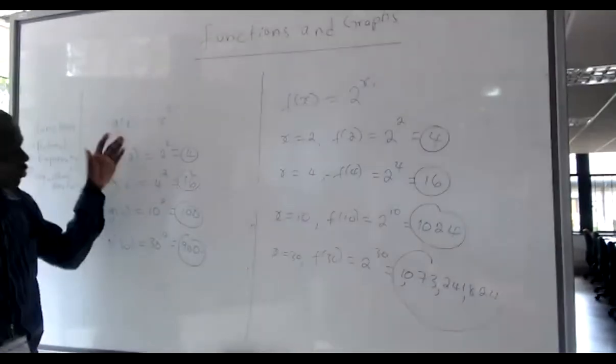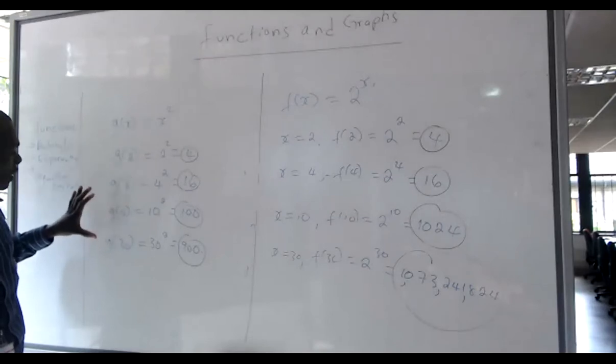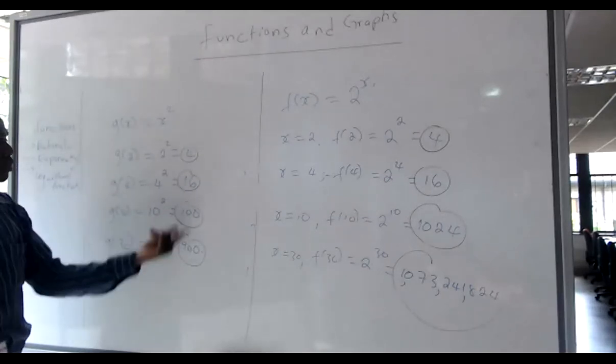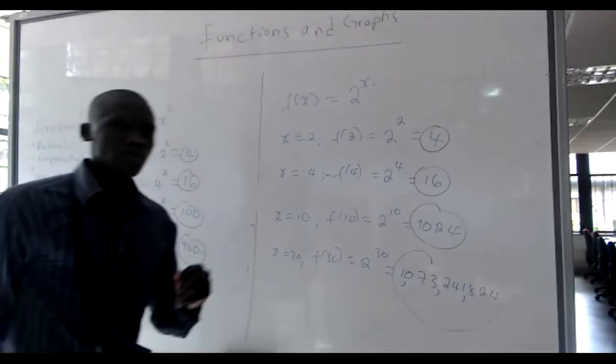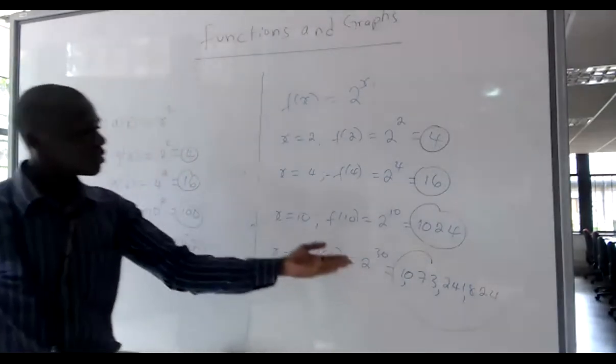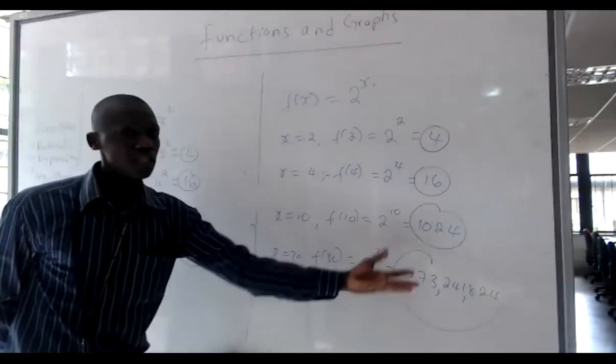But with other functions, for example, a power function, a small change in the argument still gives you a corresponding small change in the output. But with this, you might want to call it dramatic or whatever, such a big increase.